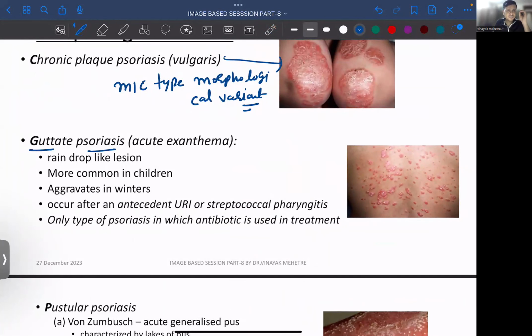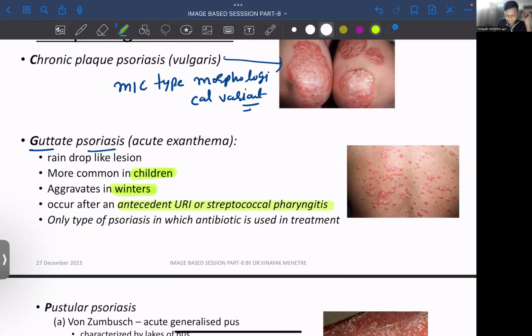Classical history will be given. They are not going to change. URTI or pharyngitis, upper respiratory tract infection, presented in winter, right? किसमें?